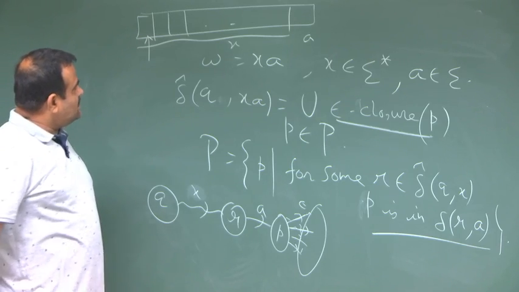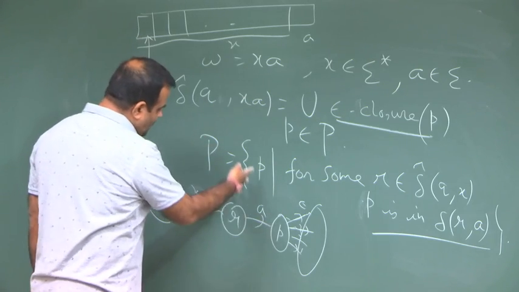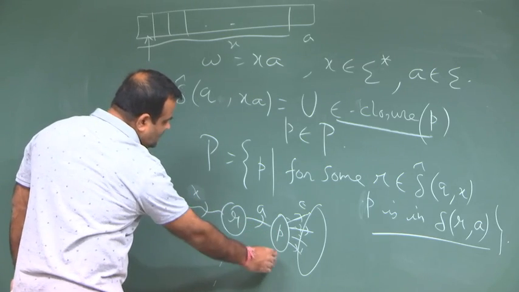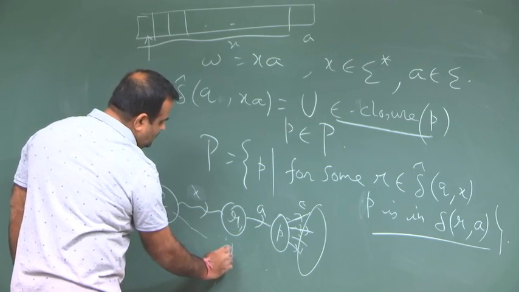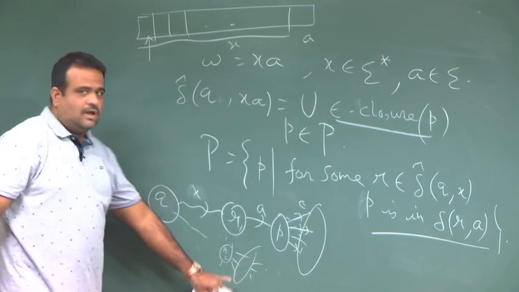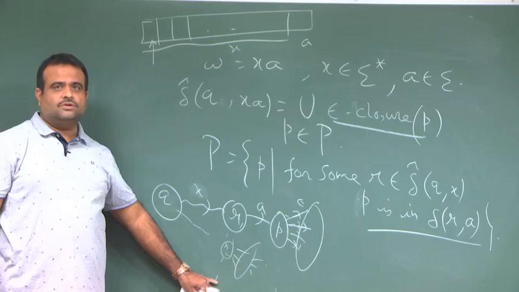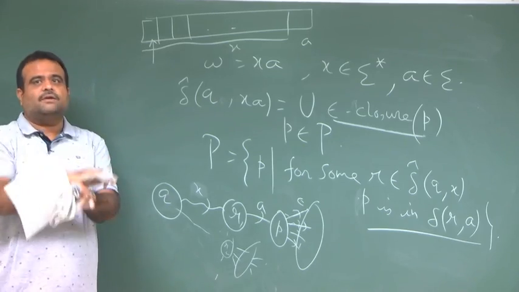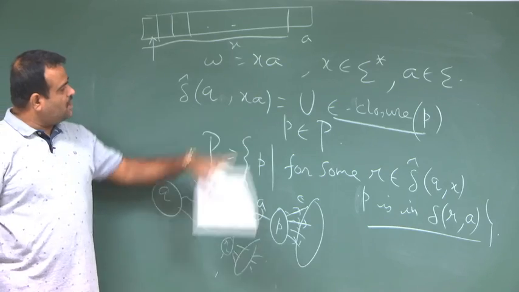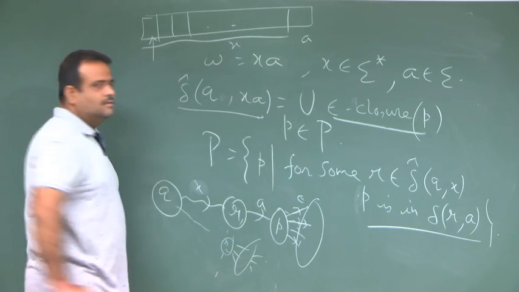Then finally, after exploring all such R's, and there are many such P's. So, this is R 1, this is R 2, we have many such P's. From there we can go to the epsilon closure of this. This way we can take all these epsilon closures of P, and those will be this delta hat.